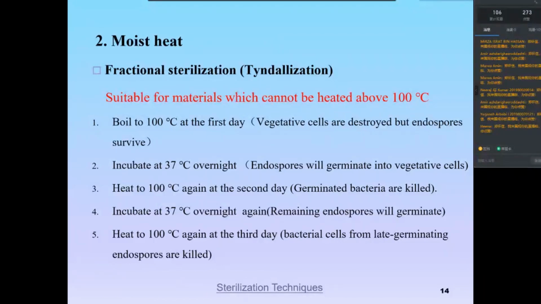So this method we call fractional sterilization. The reason we use this method is that your stuff cannot stand a high temperature over 100 degrees.